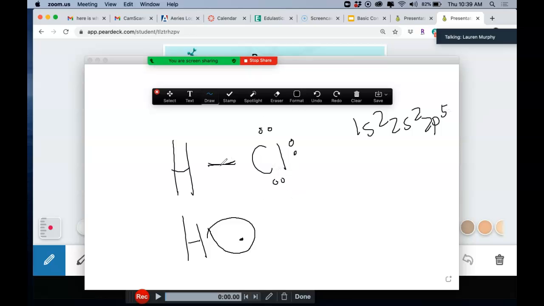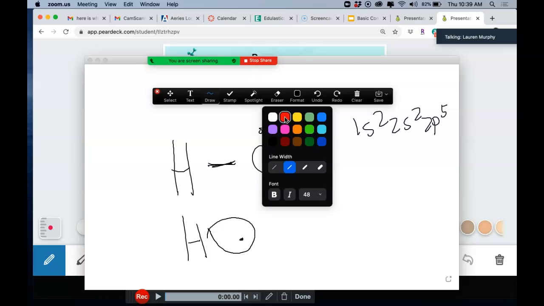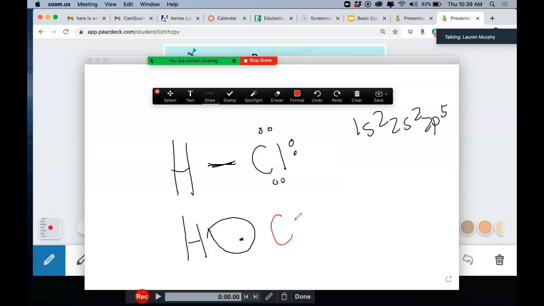But there's only a single bond right here. So what's going to happen? I'm going to draw chlorine in different colors so you can kind of see. Chlorine: 1, 2, 3, 4, 5, 6, 7. Okay? The overlapping of chlorine's s orbital and hydrogen's s orbital is what makes this bond.